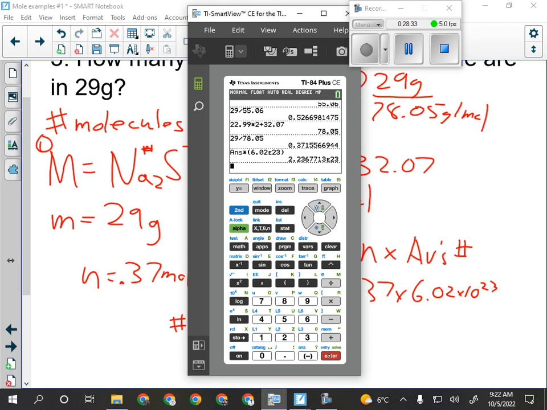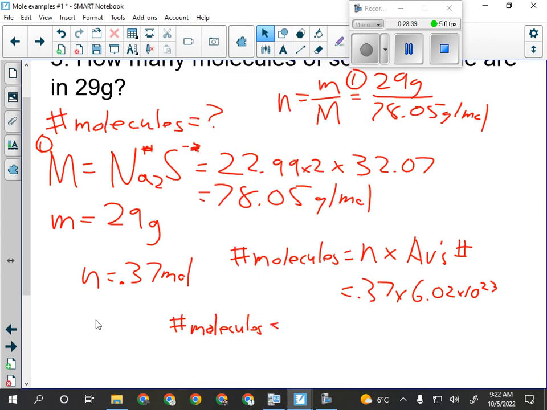So I'm going to get 2.24 times 10 to the 23 molecules.